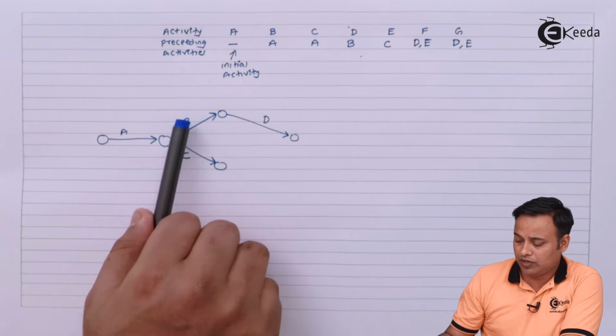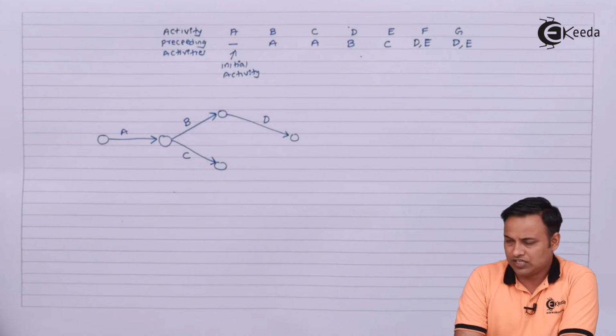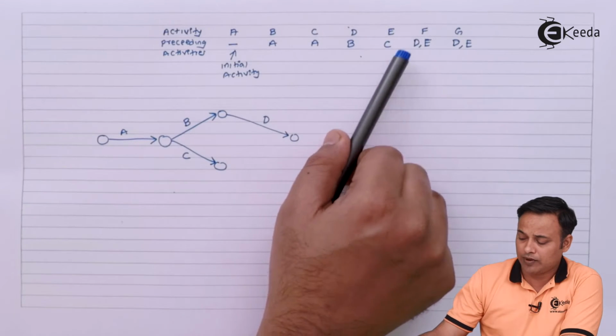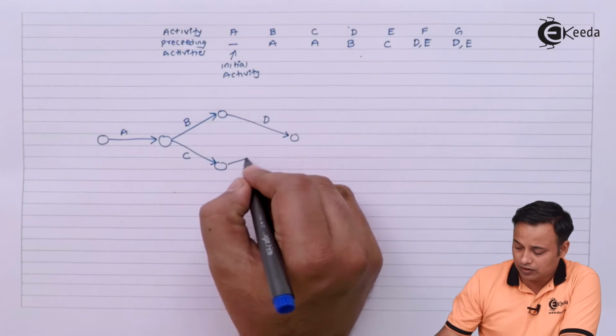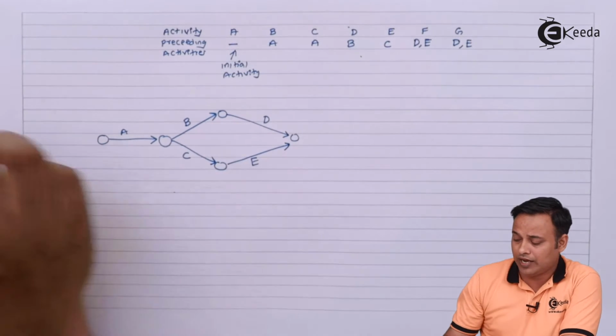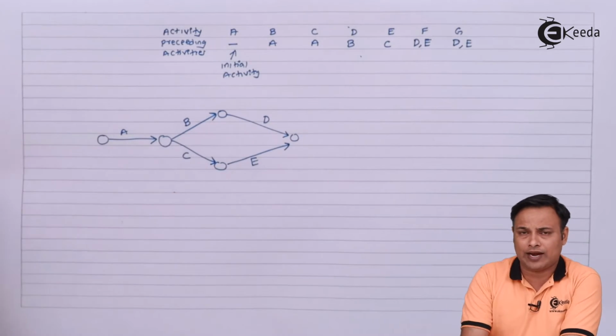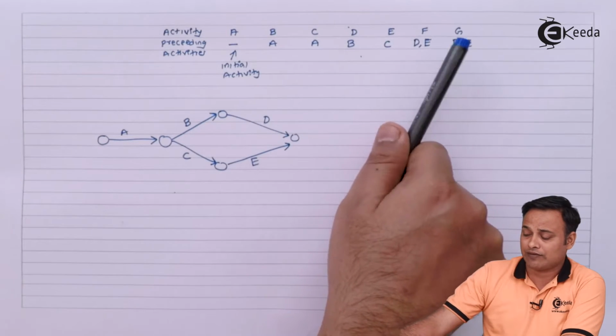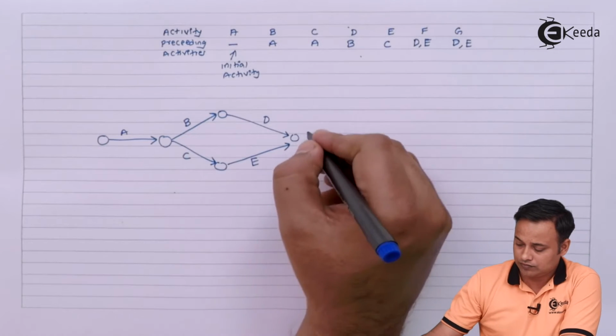D follows B. Same way C precedes E or E follows C. And I will join both D and E because that is required at the next step, because after completion of D and E we can start with F and G.